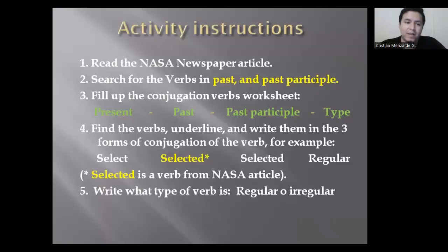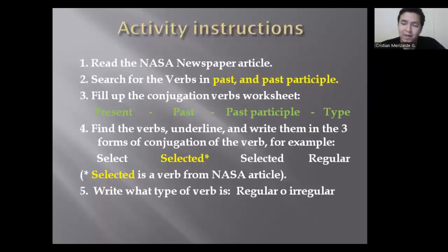The second point is to search for the verbs that are in past and past participle. That is very important. In this reading, you will search only the verbs that are in past and past participle. Remember that. The third point, you will fill up the conjugation verbs worksheet.